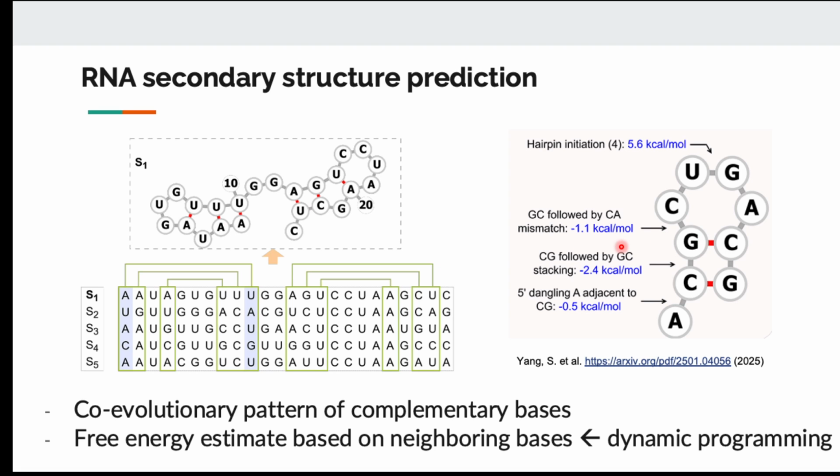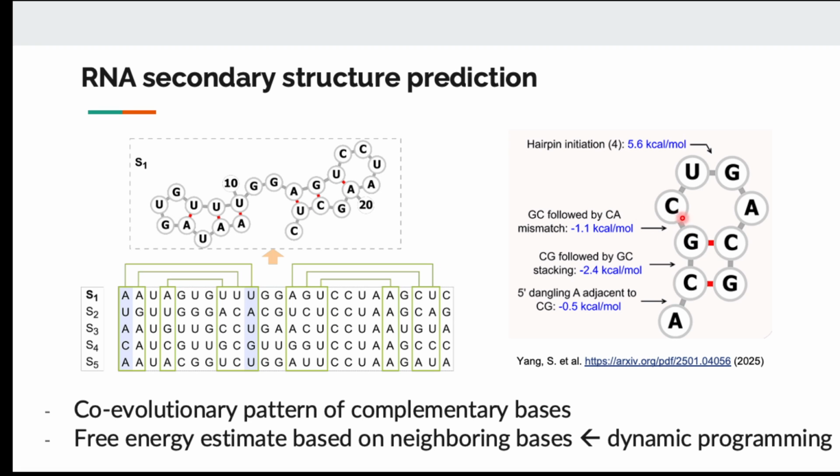So what people first have to estimate is the energy for this G and C forming a hydrogen bond in the presence of C here, A here, and CG here. So basically, we try to optimize the energy for each bond given its neighbors. For example, people have estimated that if you have a bond between U and G that are in a loop area, no base pairing, this is about 5.6 kilocalories per mole.